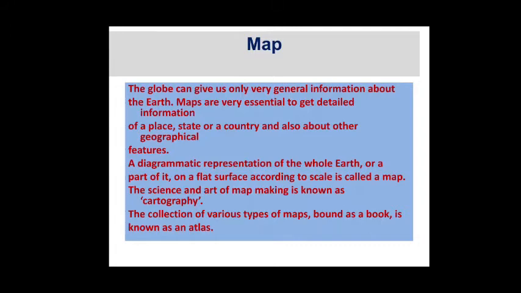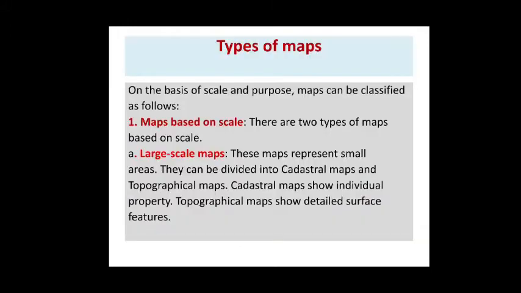Next, maps. The globe can give us only very general information about the earth. Maps are very essential to get detailed information of a place, state, country, and also about other geographical features.